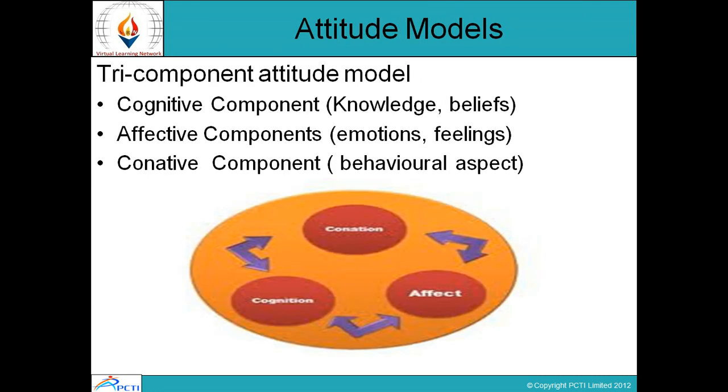When we talk about the cognitive component, it basically revolves around knowledge and beliefs. Here, the consumer's beliefs about an object are the attributes they ascribe to it. I'll give you an example also. These beliefs are based on a combination of the knowledge, experience, and perceptions about the attitude object.